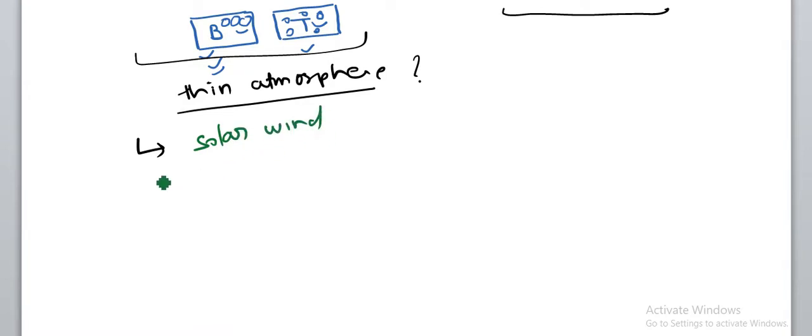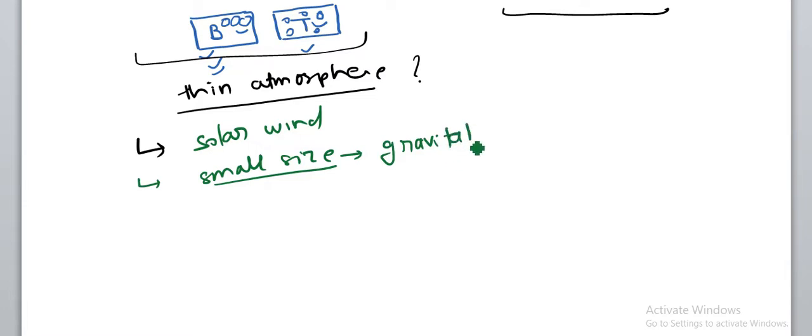Also the size of these inner planets is very small, and due to the small size, their gravitational pull is also very less, right? The bigger a planet is, the more is the gravitational pull.